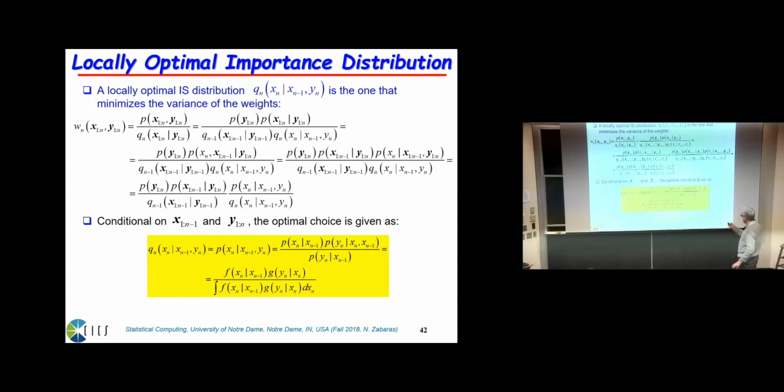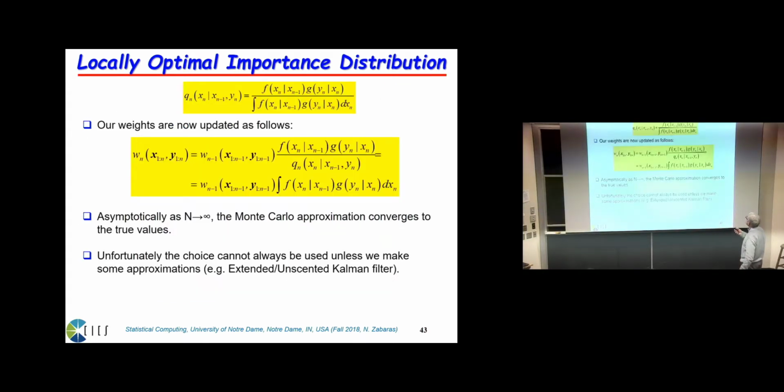So with this, if you remember the equations that we had for the incremental weights, it was f times g divided by this proposal distribution, the incremental one. So if I plug this in to be f times g divided by this integral, then the incremental weight is actually this integral. All right? A very nice formula, but again, this integral is nasty.